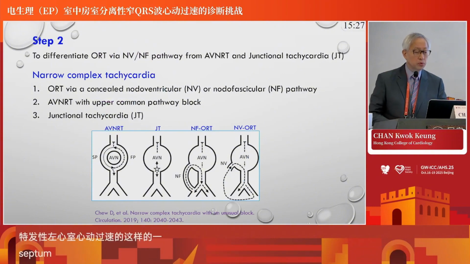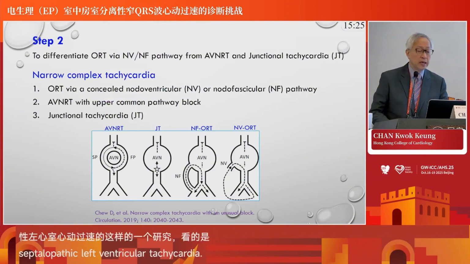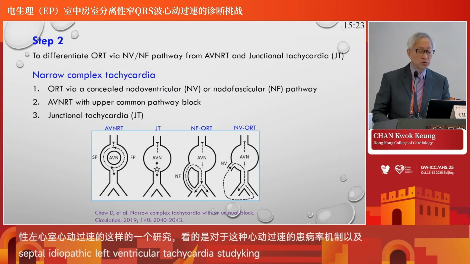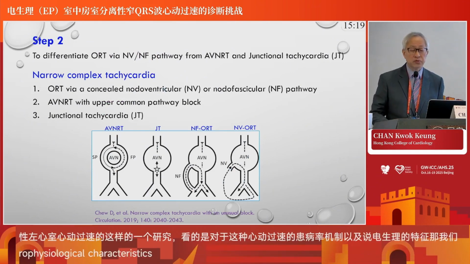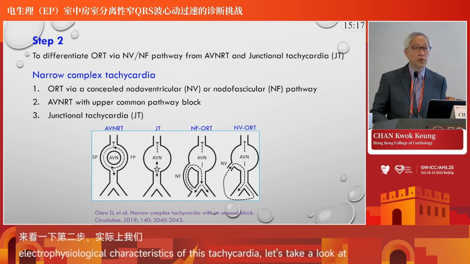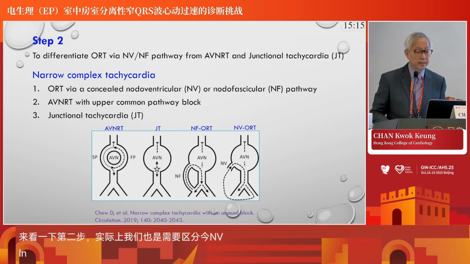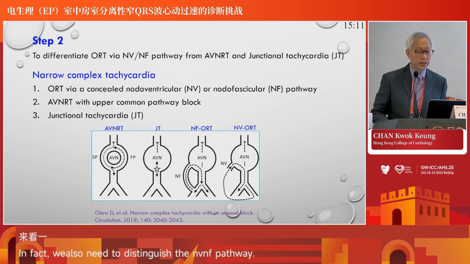Now, step 2: how can we differentiate ORT via a nodoventricular or nodofascicular pathway from AVNRT or junctional tachycardia? The most important part is that ORT is a macro reentry circuit.